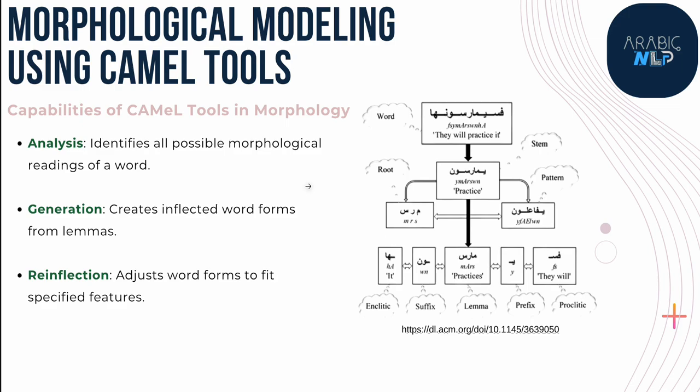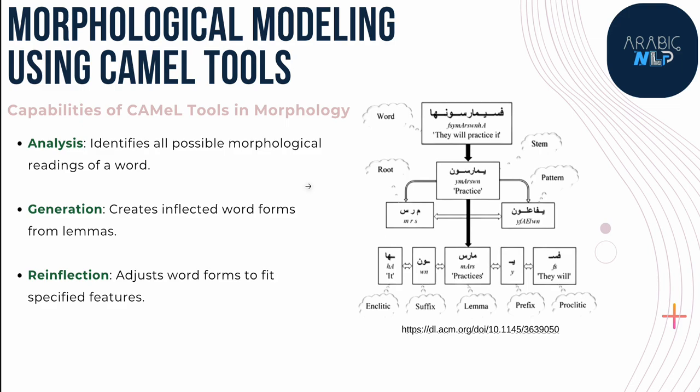One is analysis, and this is focused on generating all possible readings of a word. And then we have the generation, which is inflecting lemmas to create the word forms. And finally, we have the reinflection, which is transforming words into different forms based on specified features.